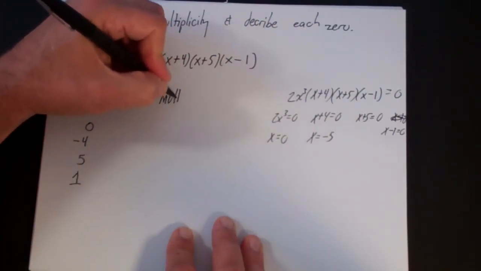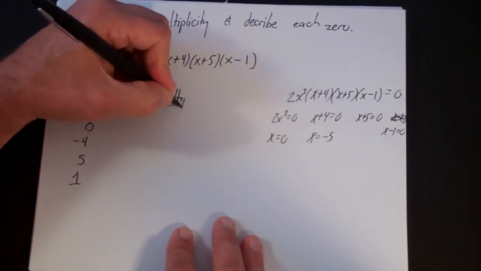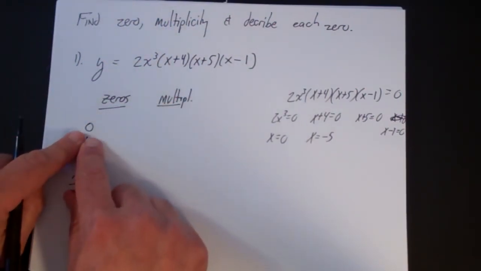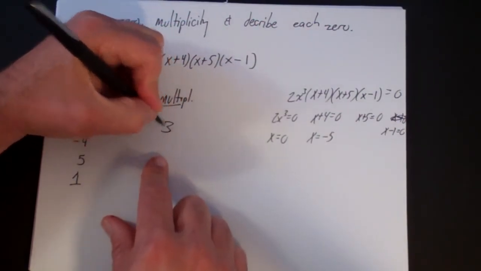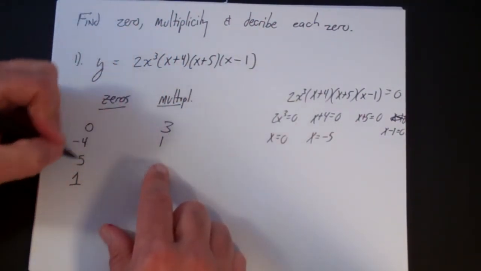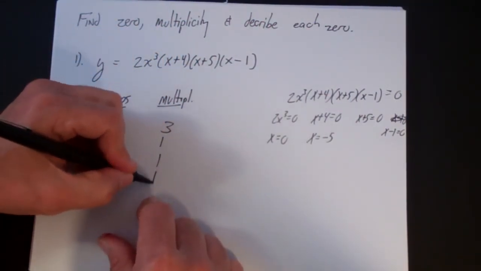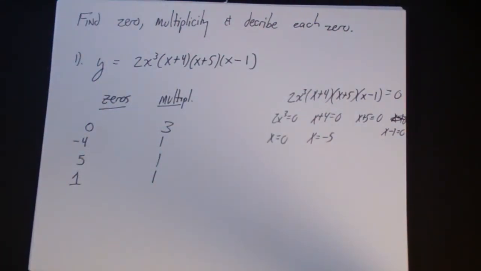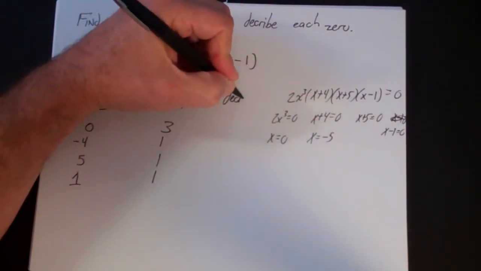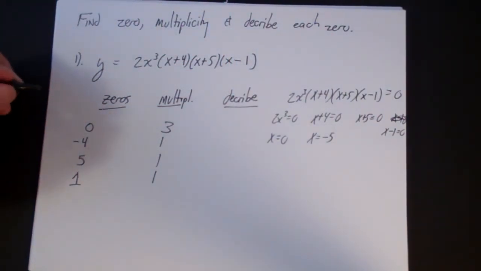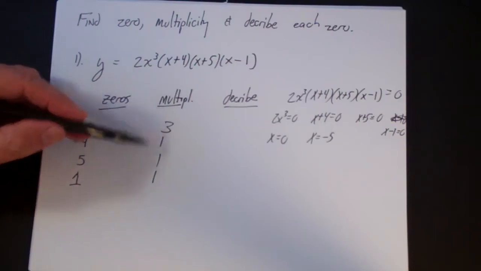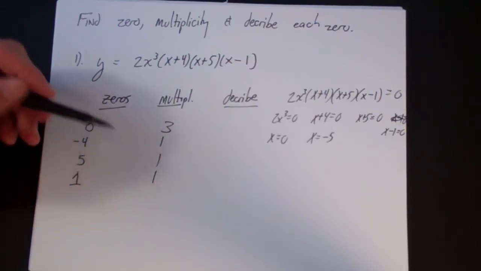Let's look at the multiplicity of each. How many times is 0 a zero? It's going to be a zero 3 times. -4 once, 5 once, and 1 once. So let's describe this. What I mean by describe is, are these going to be touches or are they going to be crosses? They're all odd, so that means they're all going to be crosses.